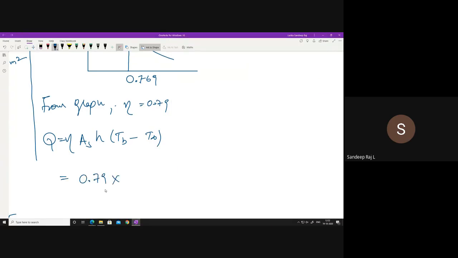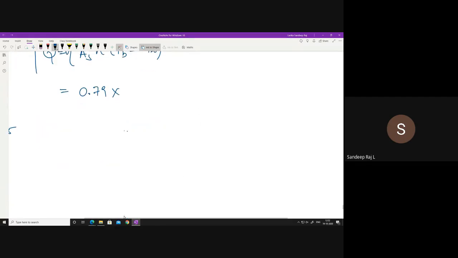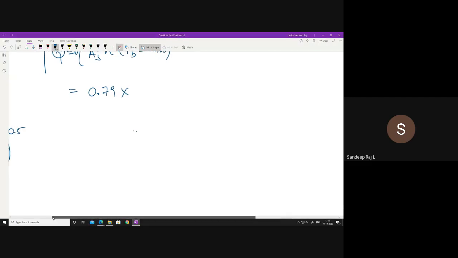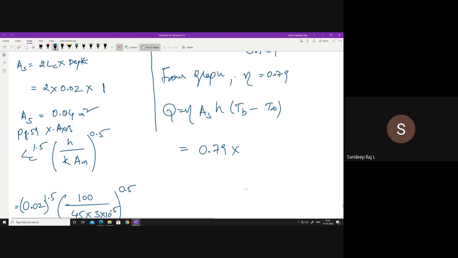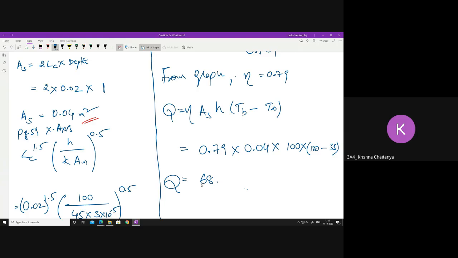It is 0.79. And the AS we have just found out, that is 0.04. The H value is given as 100 in the question, the TB value is 120, and T infinity is 35. So tell me what is Q? 268.6 watts. That's how you get the Q value.